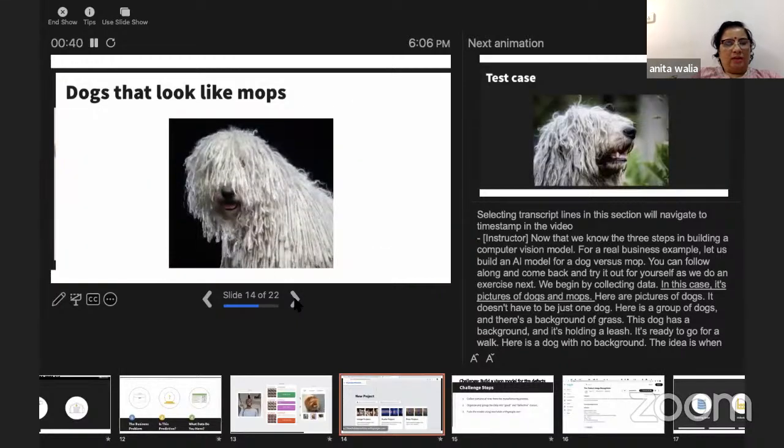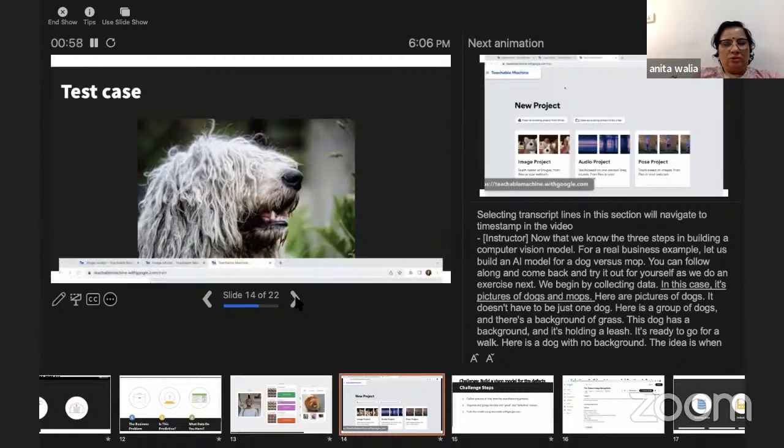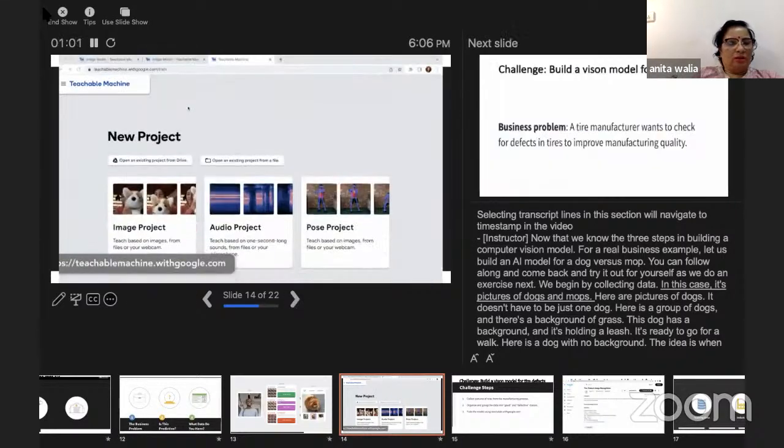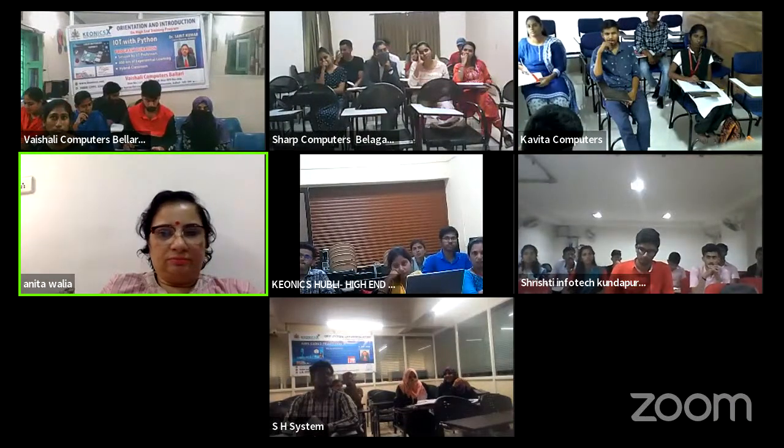There can be certain kinds of dog which look like a mop. So how does an image of a mop get recognized as a mop, or even an image of a dog which looks a little similar to a mop get recognized as a dog? This is the case I'm going to take, so let me go through this and take the case here.